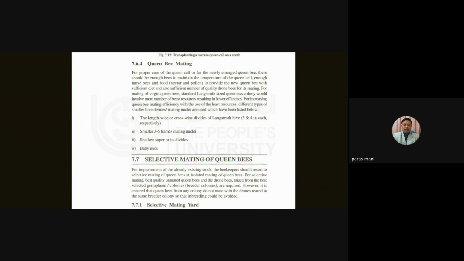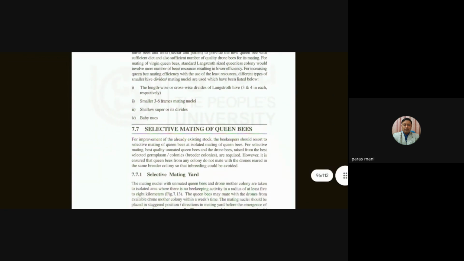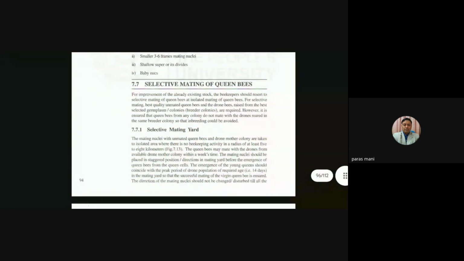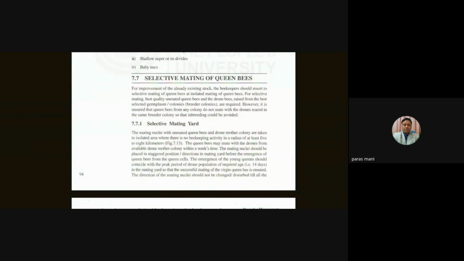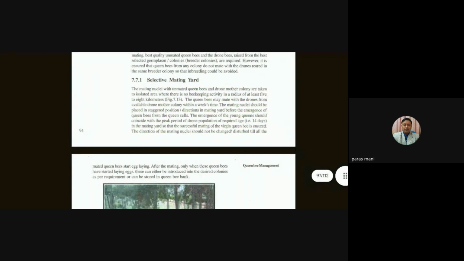So the main thing is we have to shift that to a separate location. Yeah, it is given here. Selective mating of queen bees. The same thing is given in detail here. Such breeder colonies must be shifted to the selective mating yard.